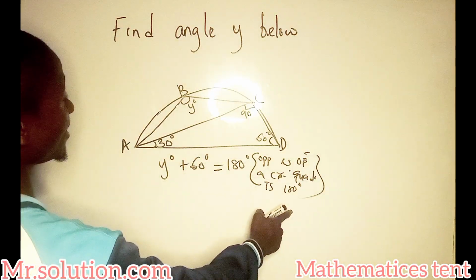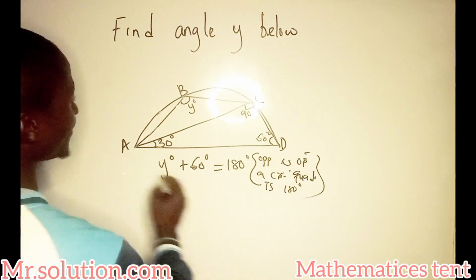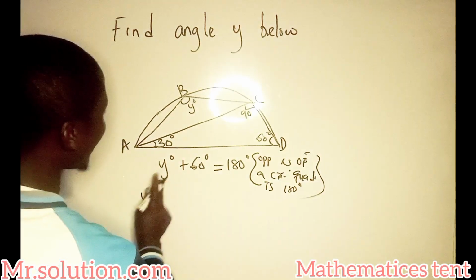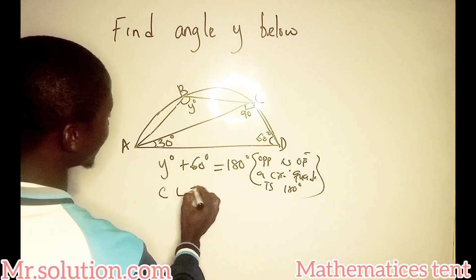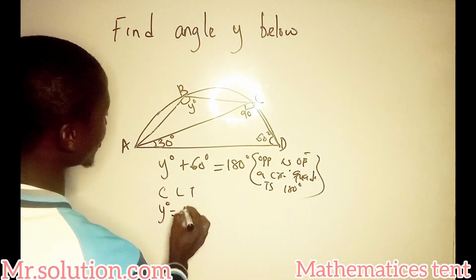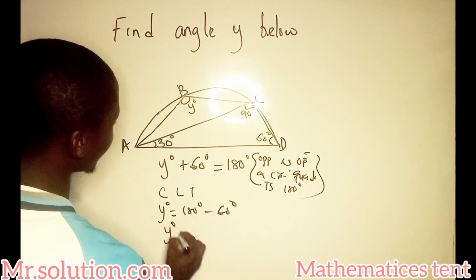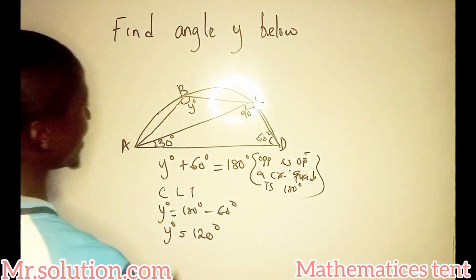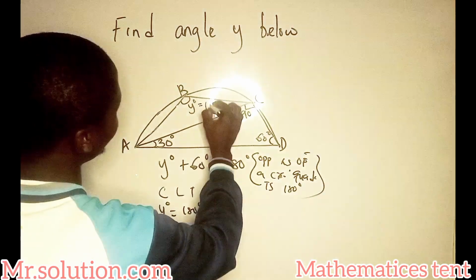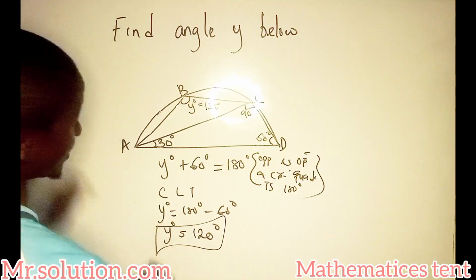This is the reason why, when you're writing the exam, you put this to get a good grade. Now we have y degrees plus 60 degrees equals 180, right? We collect like terms. So y degrees equals 180 degrees minus 60 degrees, which gives us 120 degrees. And this y equals 120 degrees, which becomes our final answer.